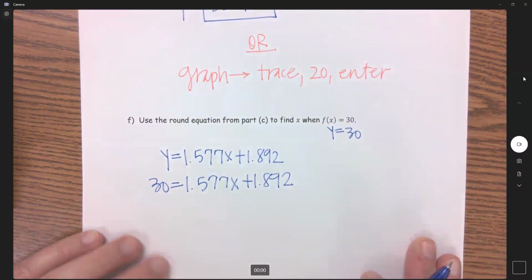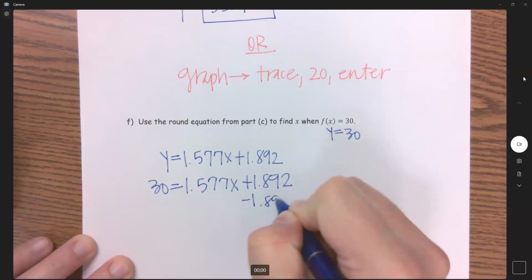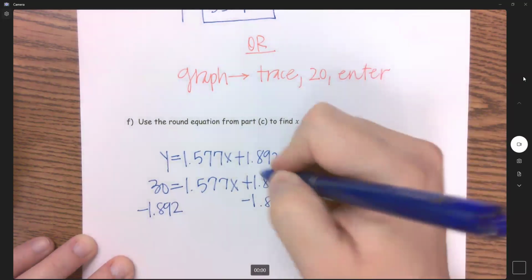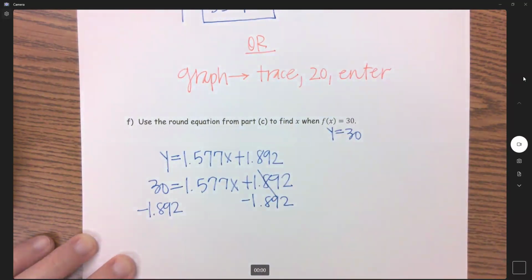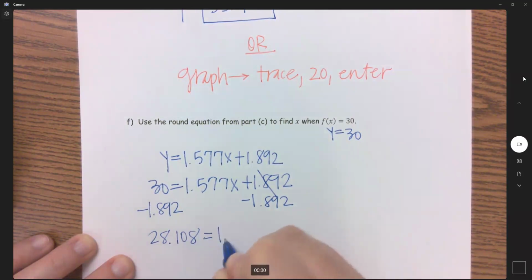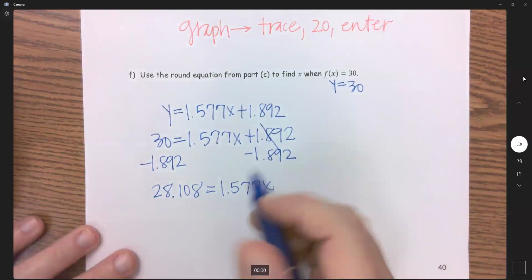So solve. This is a two-step equation. I'm going to subtract this number over. So 30 minus 1.892 gives me 28.108. Bring that part down and now divide.